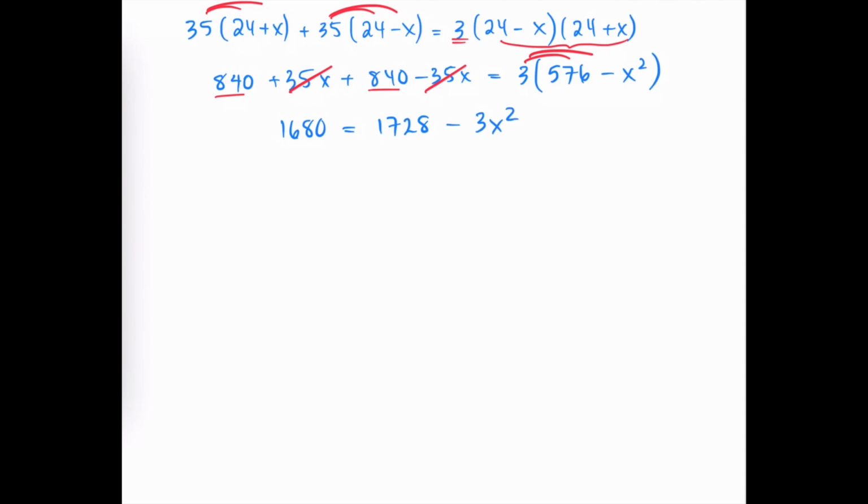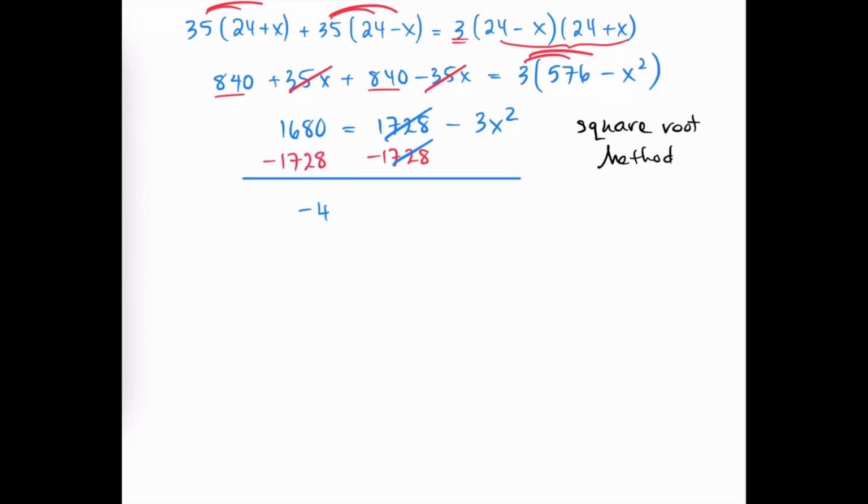From here now I'm changing my mind about setting it equal to 0 because I can see that we're actually going to be able to use the square root method, which means that I want to isolate the quantity squared in order to be able to take the square root of both sides. So my next step is actually going to be to subtract 1728 from both sides. So this is going to leave negative 48 on the left and negative 3x squared on the right.